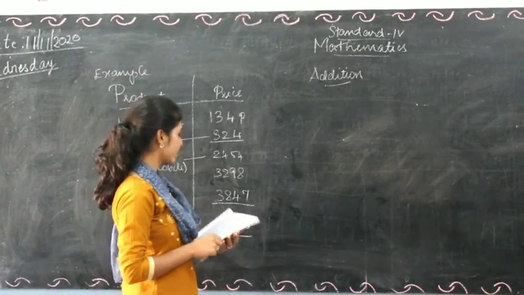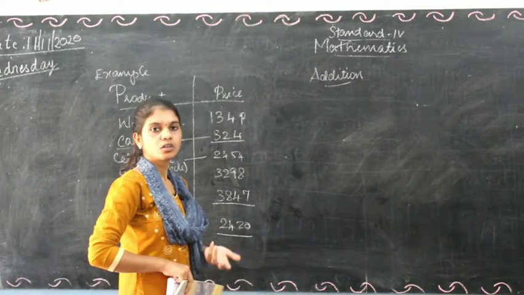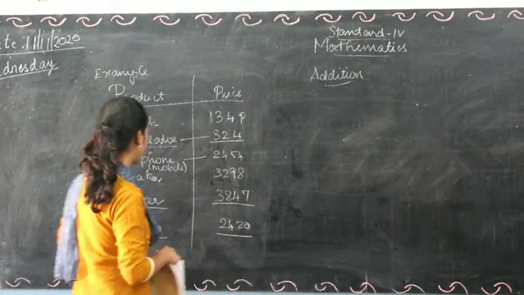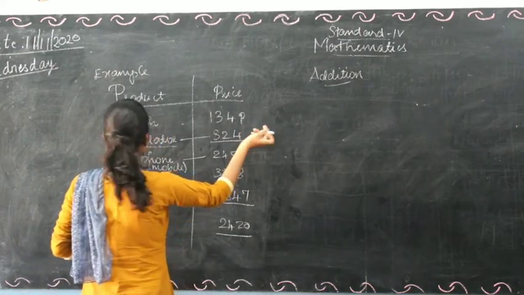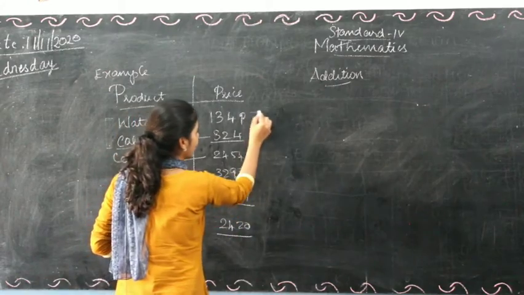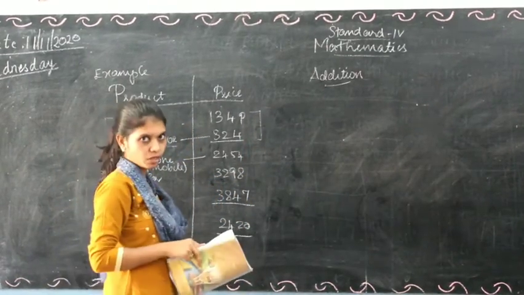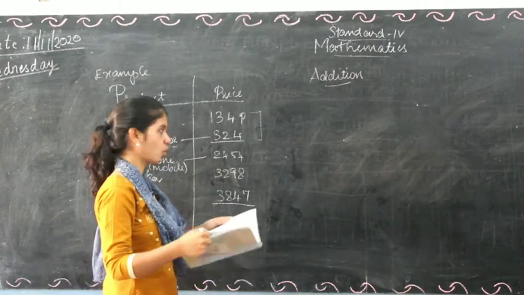Now let's say a person is going to buy 2 products. Then we have to add, let's say if he is going to buy this watch and calculator, then we have to add both, so that we will get the total amount that he has to pay to the owner.